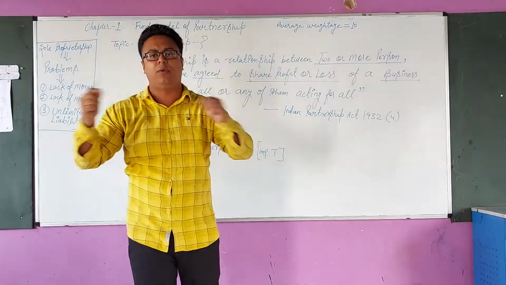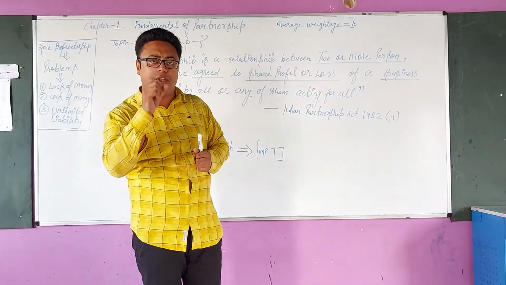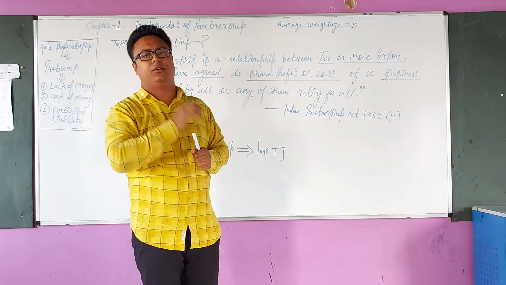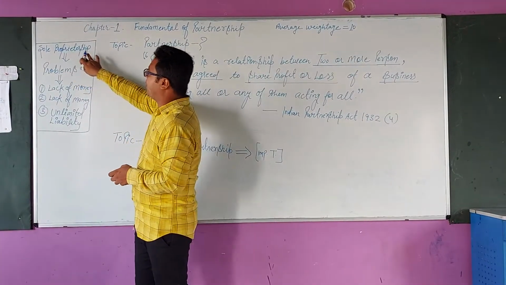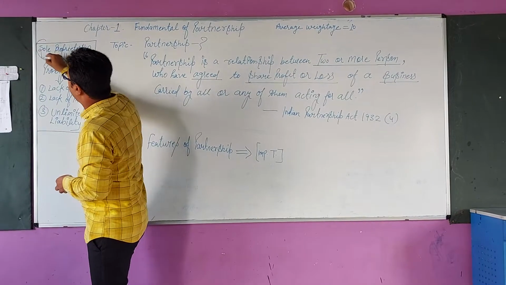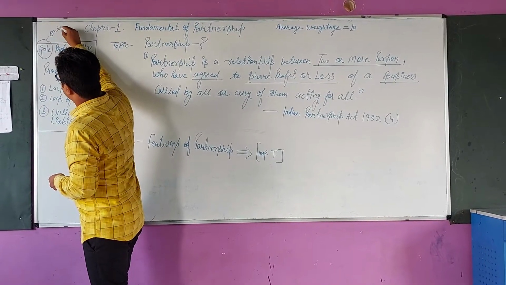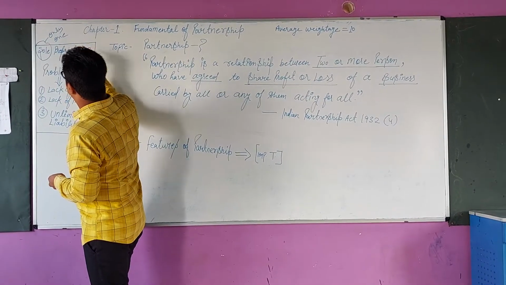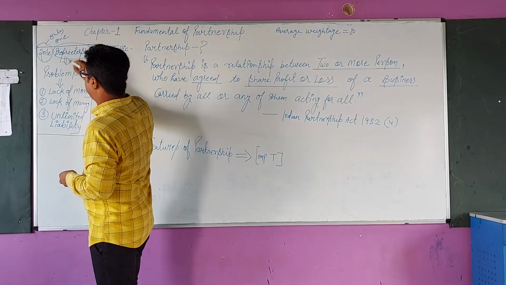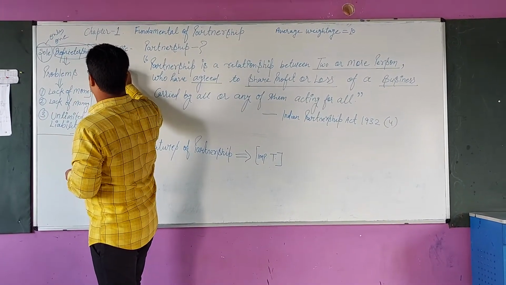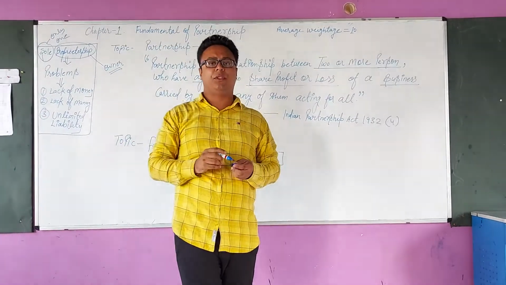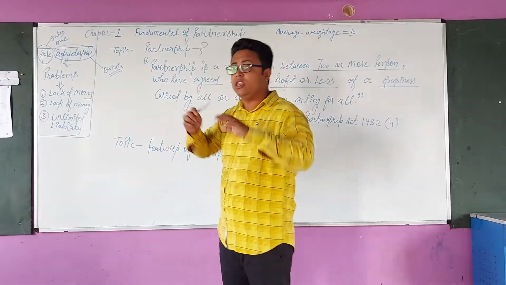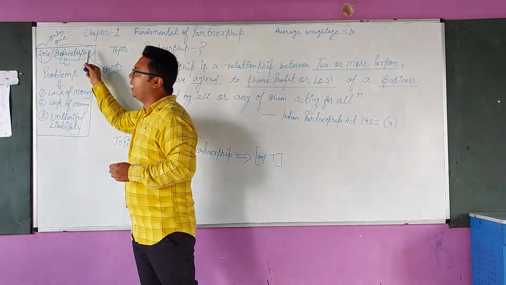What is sole proprietorship? When a business is started by one person. Sole means only one. Proprietorship means ownership. When human beings started doing business, they started in the form of sole proprietorship.